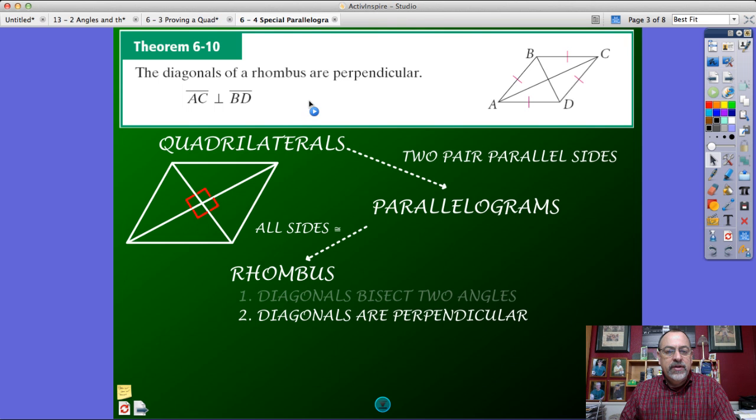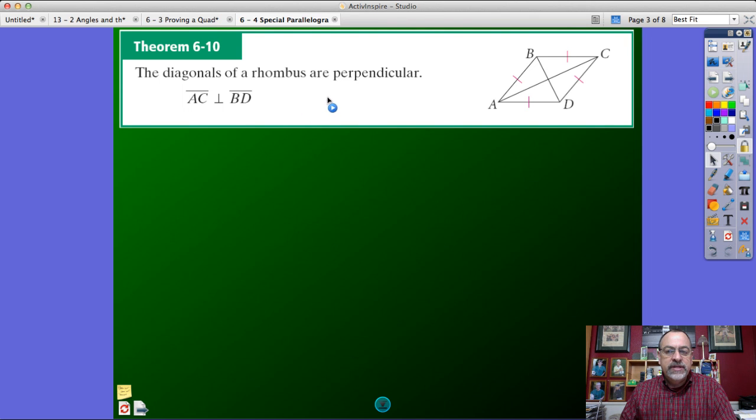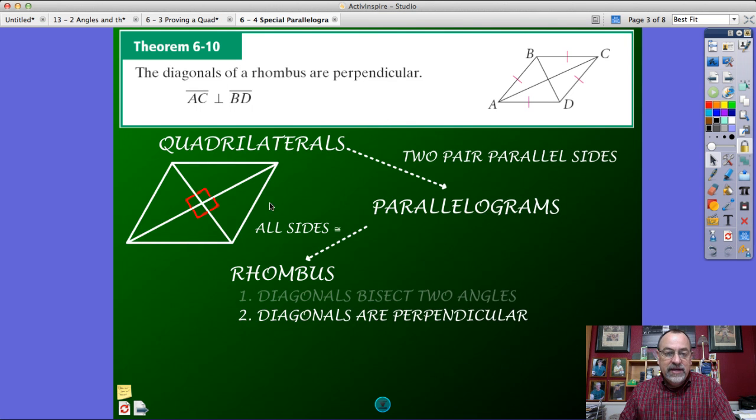The second thing about the diagonals of a rhombus is that they are perpendicular. So again, I'm going to keep running through this so you get the idea. Because a rhombus is a parallelogram, the opposite angles are congruent, the opposite sides are congruent, the diagonals bisect each other. We also just learned that the diagonals bisect the angles, and in addition to that, the diagonals are perpendicular to each other. So these angles that are created inside are right angles. Now this is very important to remember because now what is created right inside here?